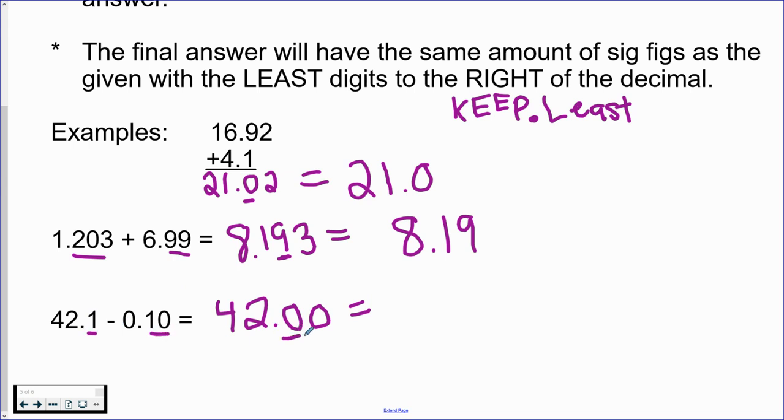So we're going to 1 behind, giving us a 42.0. Now, I'll be honest, the addition subtraction rule is the most difficult of the SigFig rules. You'll be able to do the multiplication and division much easier.